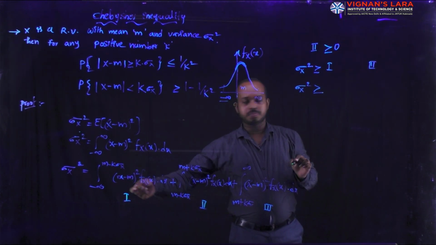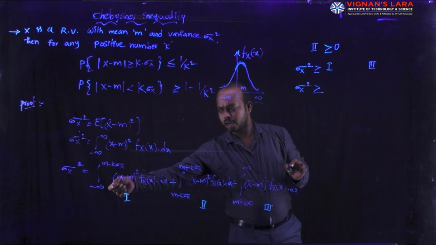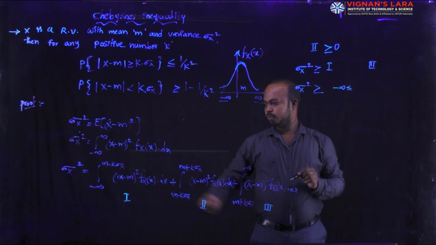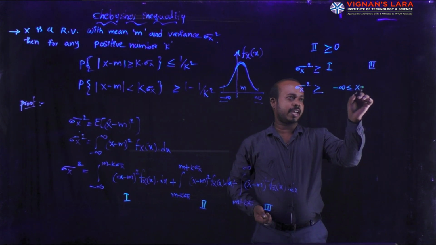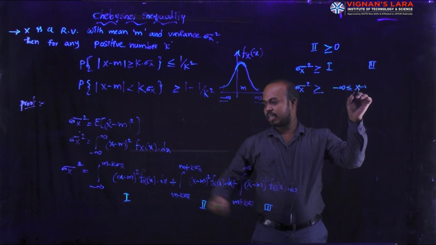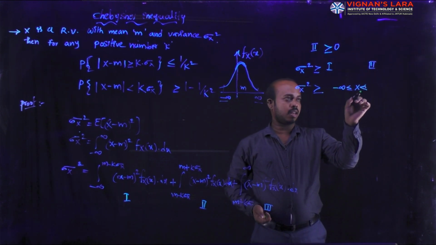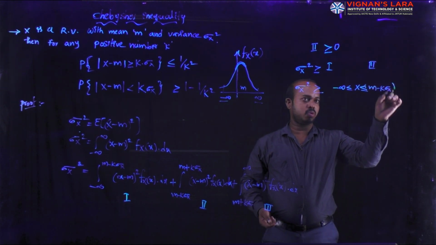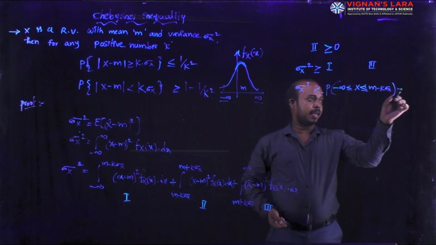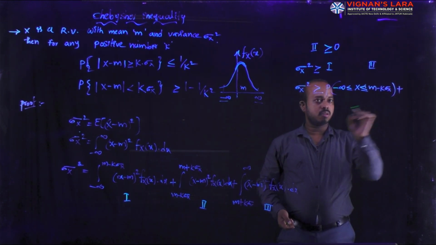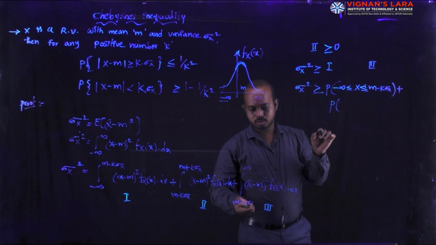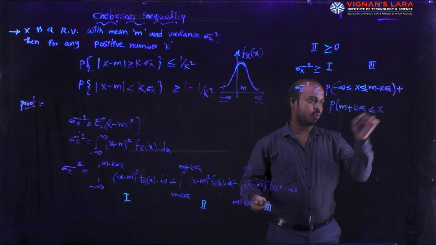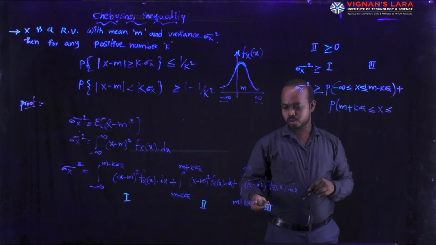The higher limit is m minus k sigma_X, the lower limit is minus infinity. Here x is varying, so you can write x less than or equal to m minus k sigma_X, this is one quantity, plus the second quantity, the probability that m plus k sigma_X is less than or equal to x, which is less than or equal to infinity.